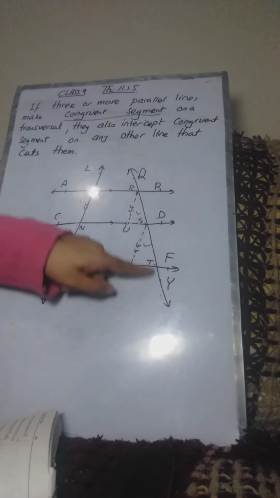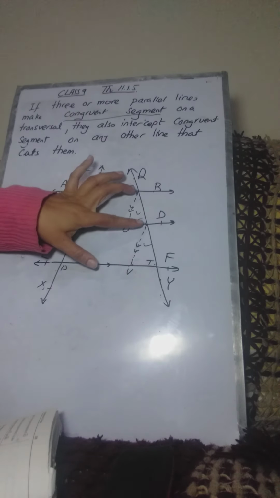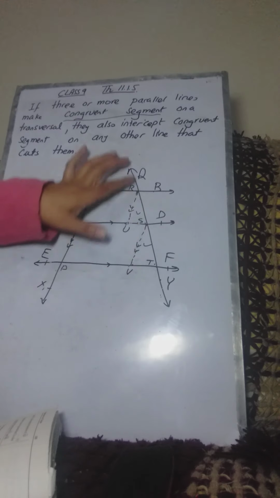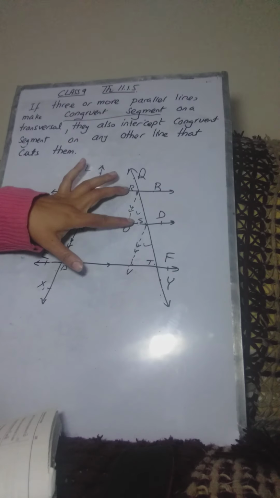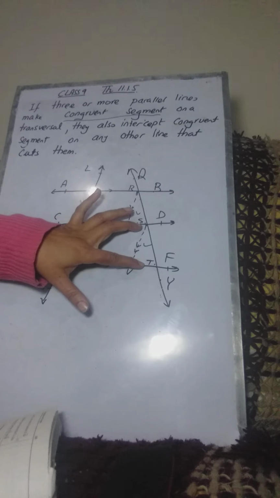QY is the other transversal they are talking about, and we are going to prove that they also make congruent segments on it, that is, RS is congruent to ST.